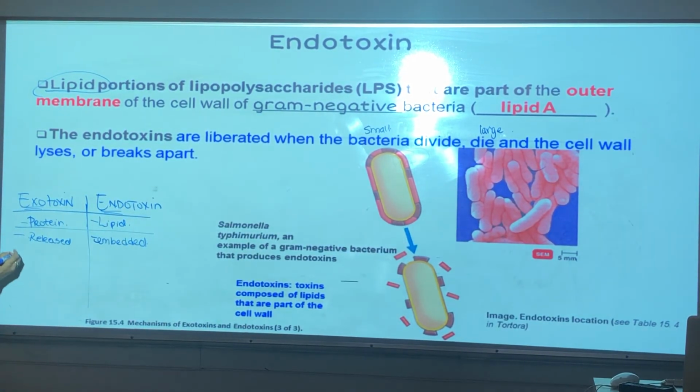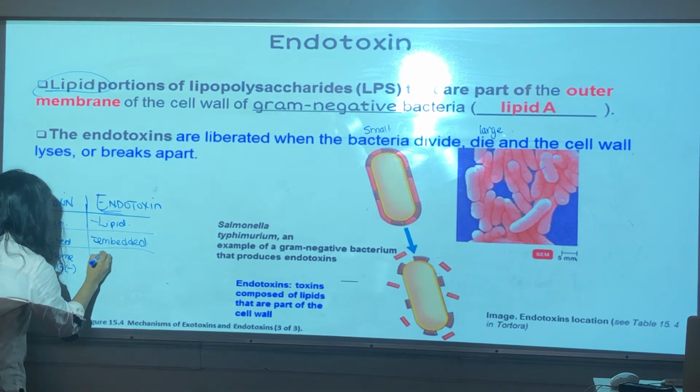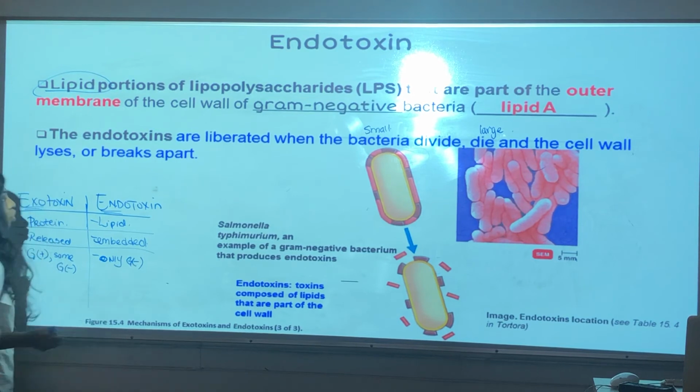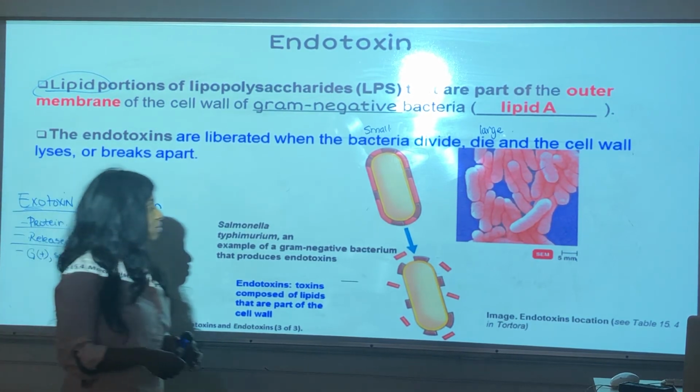For the exotoxins, we also want to add that they're made by gram-positive bacteria mostly, but some gram-negative. For endotoxins, it's only gram-negative cells. Only gram-negative cells make endotoxins.